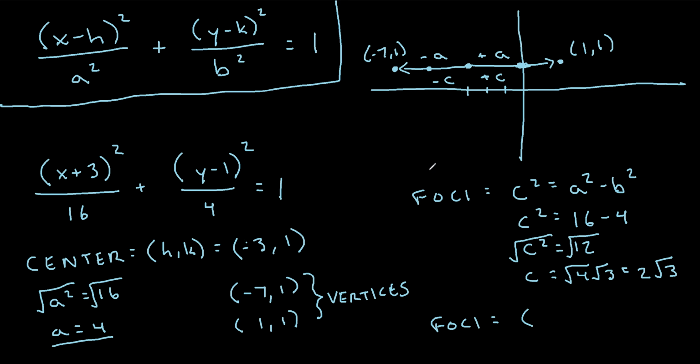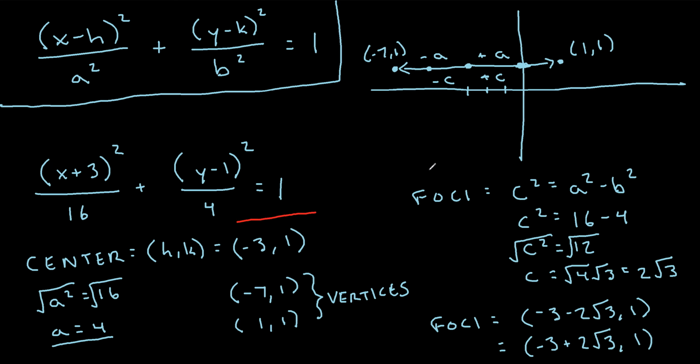If we have -3 minus 2 root 3, 1, that will be our foci on this left-hand side. And then we can also add 2 root 3 to the x-coordinate of the center. So we would have -3 plus 2 root 3, 1. So these are the coordinates of our foci.